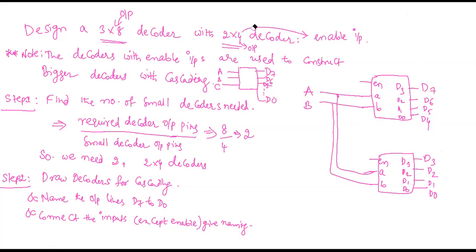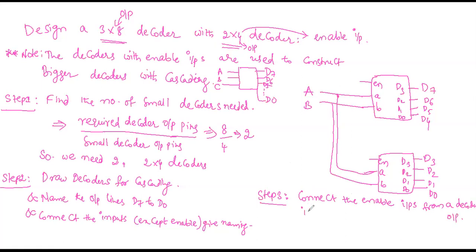Enable input. So step 3 is to address enable input. Connect the enable inputs from a decoder output.